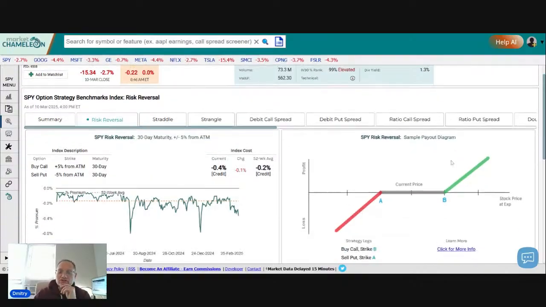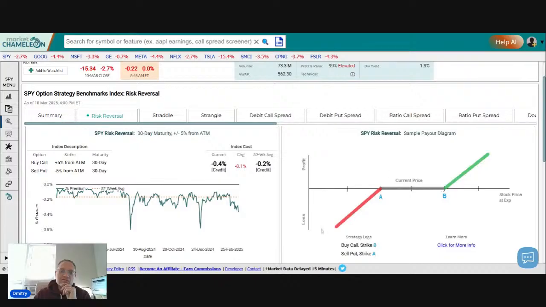So let's look at this graph here, and it helps us visualize this strategy. If the stock price is right here in the middle in this gray area, and you buy an upside call, let's say with a strike of B somewhere above the current stock price, and you sell, buy call strike B, and you sell a put strike A, then at expiration, your payout would look something like this.